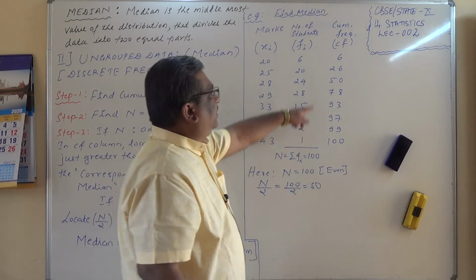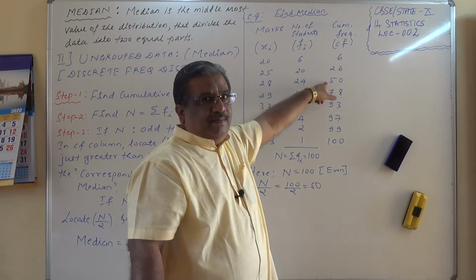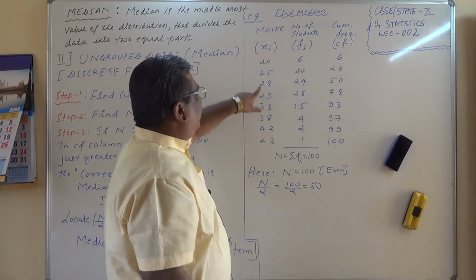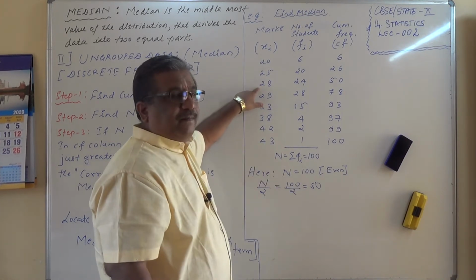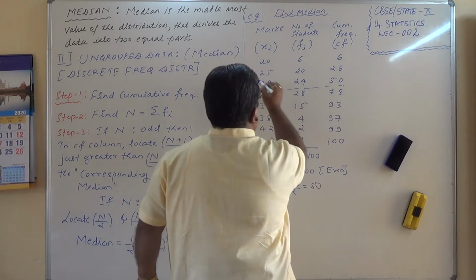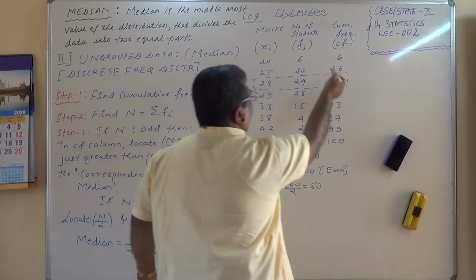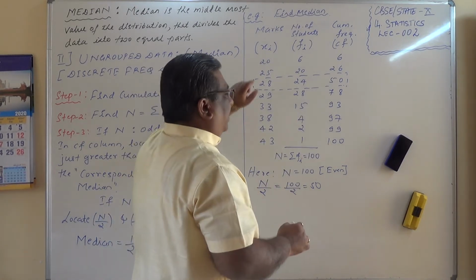Locate 50 in the CF column. Is it available? Yes, it is available. And therefore the observation corresponding to n by 2 is 28 here. Observation corresponding to 50 is 28.